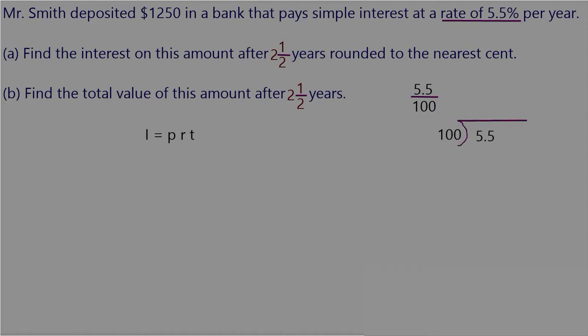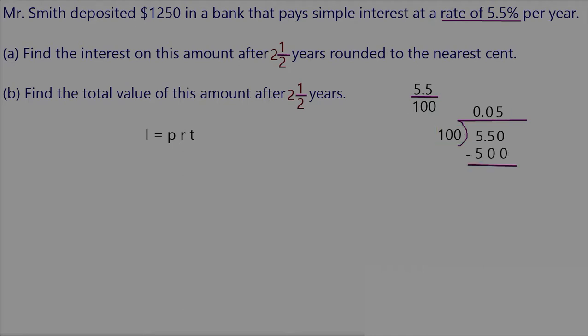5 divided into 100 gives 0. We place a point after. 55 divided into 100 gives 0. We place a 0 after 55 to get a number greater than 100. 550 divided into 100 equals 5. 5 times 100 gives 500.